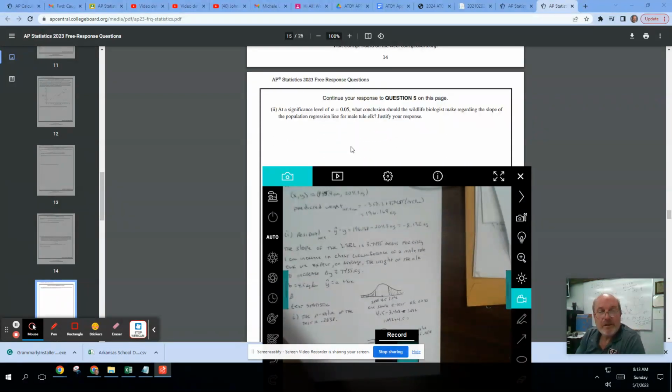Let's use the significance level of alpha equals 0.05. What conclusion should the wildlife biologist make regarding the slope of the population regression line for male tule elk? Okay, so in this case, your H naught would have been that beta for tule elk is equal to beta for the sambar.